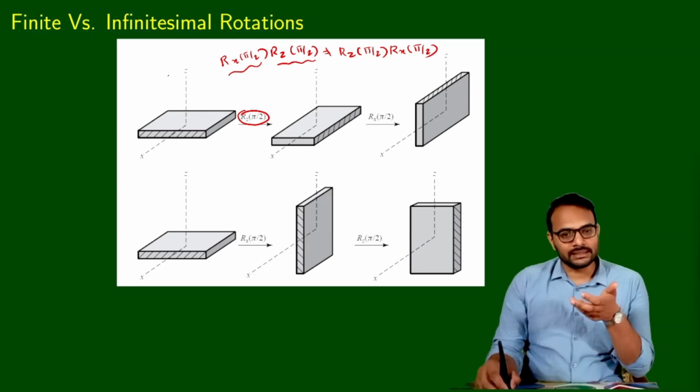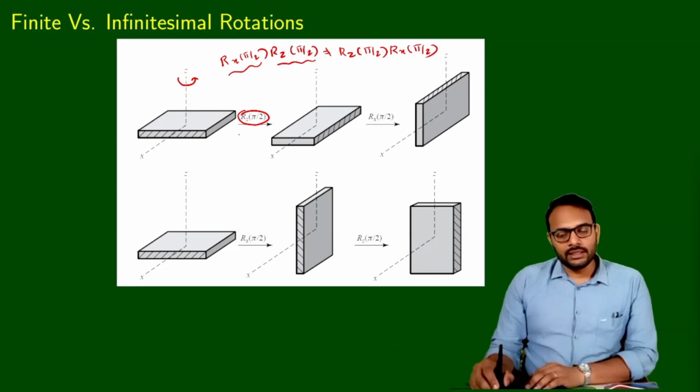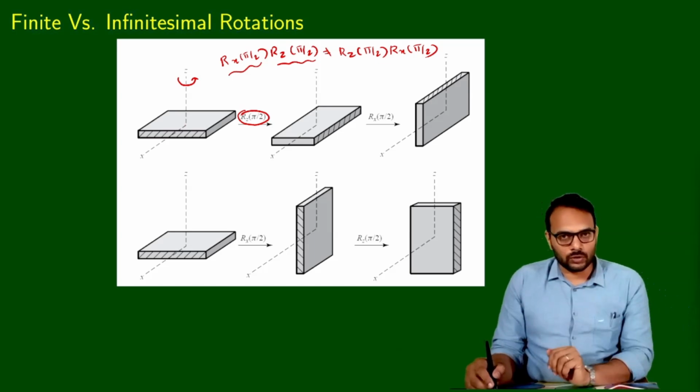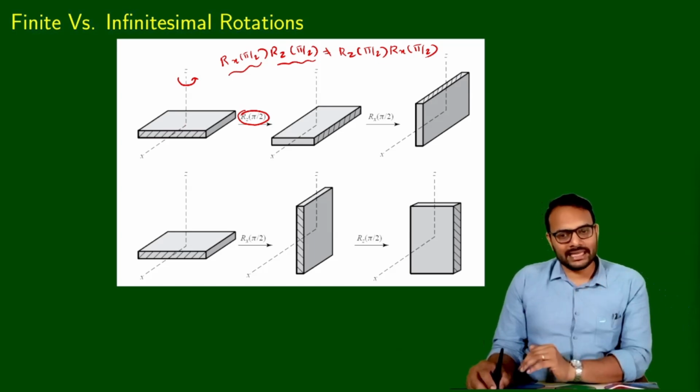You have to look from the top and rotate this in the counterclockwise direction. Once you make this rotation, the orientation is as given in this picture. I think this is obvious. You just rotate it counterclockwise about the z-axis.